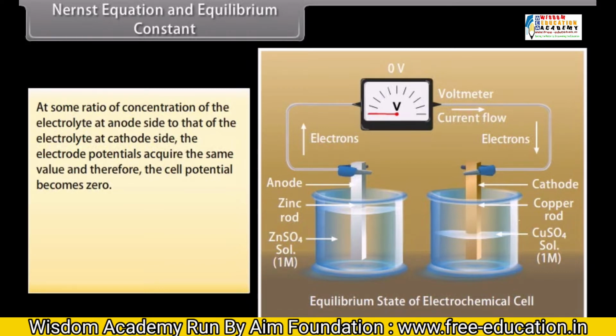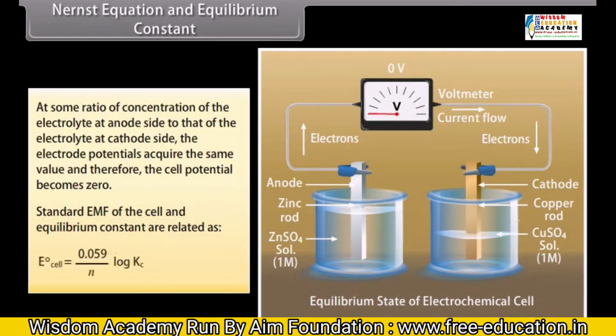At this stage, the electrochemical cell stops working and the cell is in a state of equilibrium. By knowing standard EMF of the cell, equilibrium constant for the cell reaction can be calculated as E naught cell is equal to 0.059 upon n log Kc.